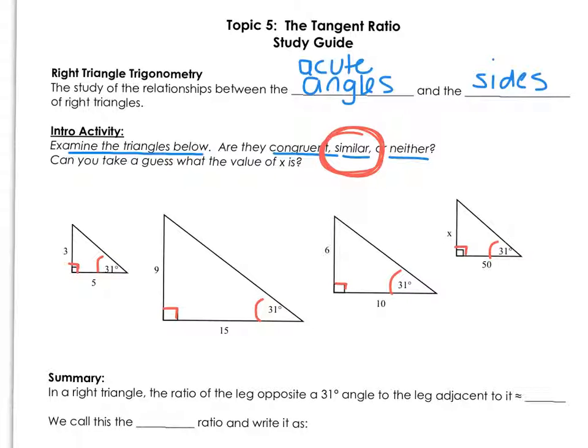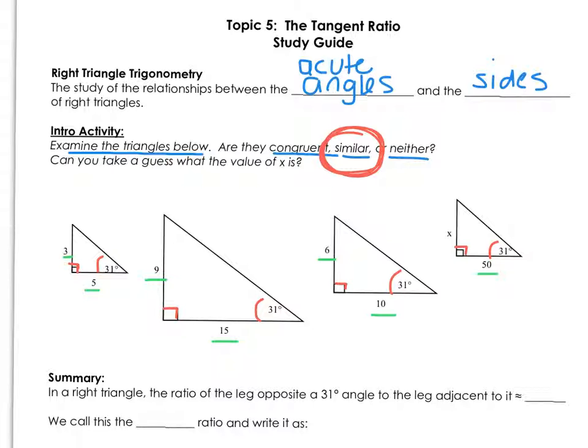The first triangle has a vertical leg of 3 and a horizontal leg of 5. The second triangle has a vertical leg of 9 and a horizontal leg of 15. The third has a vertical leg of 6 and a horizontal leg of 10. This last triangle has a horizontal leg of 50.